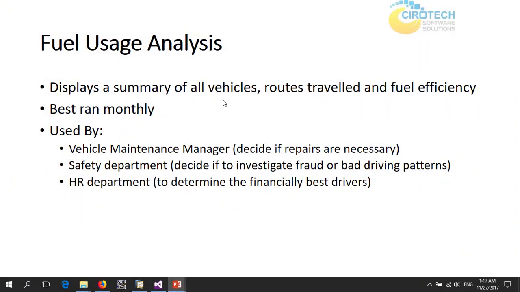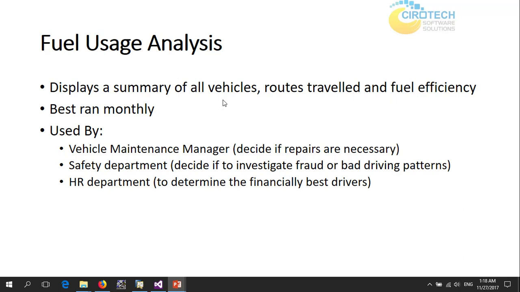Fuel usage analysis report displays a summary of all the vehicles plus the routes that they have traveled on in the period defined, alongside their fuel efficiency.